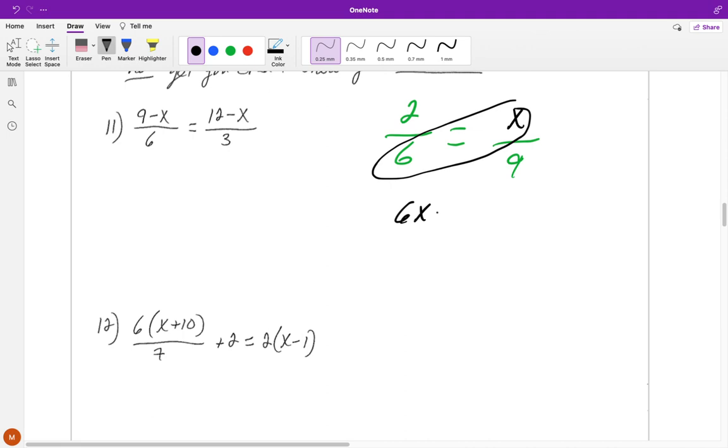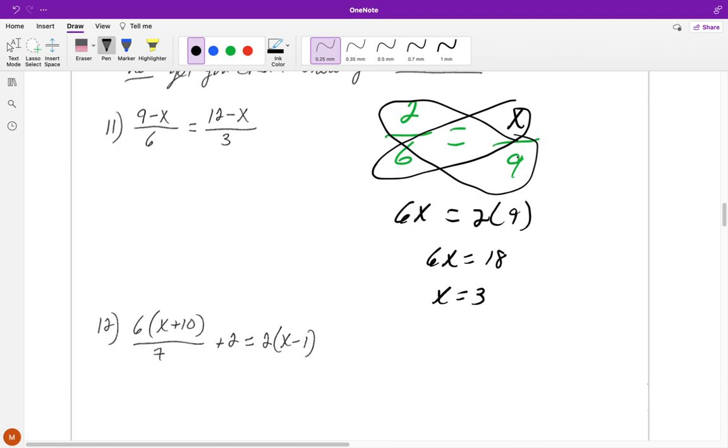So I can rewrite this as 6 times x is equal to 2 times 9, or 6x is equal to 18, or x is equal to 3, which we knew. So when we're told that two fractions are equal, we can apply this cross product in order to solve. So here, since I know that these two fractions are equal, I'm going to cross multiply. So 6.